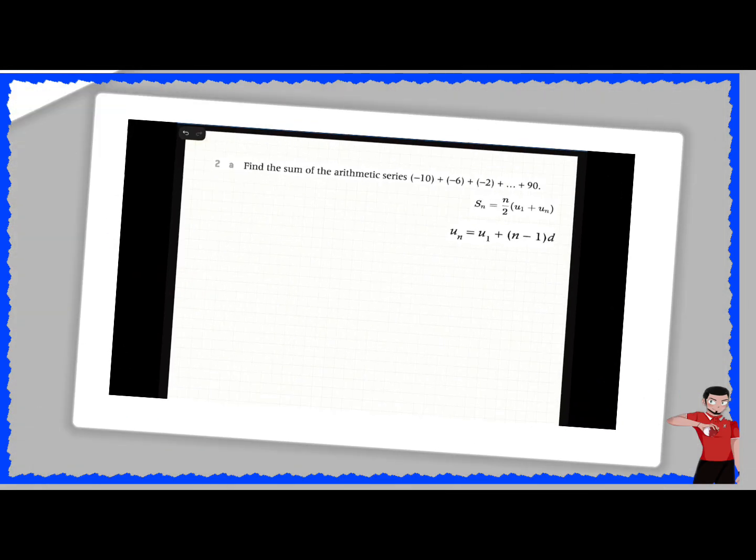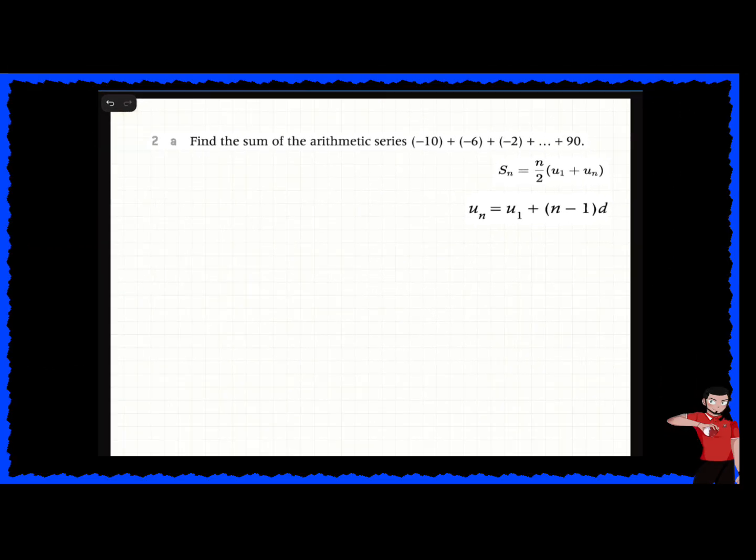Okay, guys, so then to complete the example, we have number 2: find the sum of the arithmetic series. We have minus 10, minus 6, minus 2. Pay attention to what is happening. First we have this minus 10, this is the sequence, then minus 6, then minus 2, then plus 90.